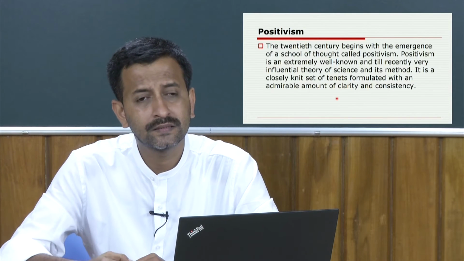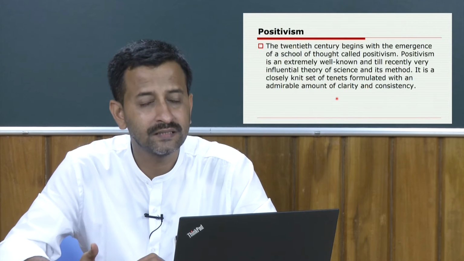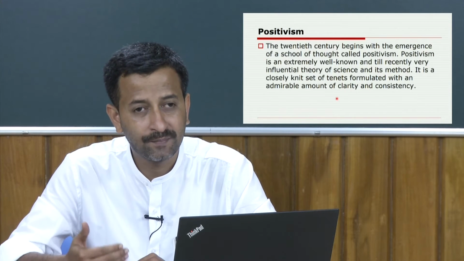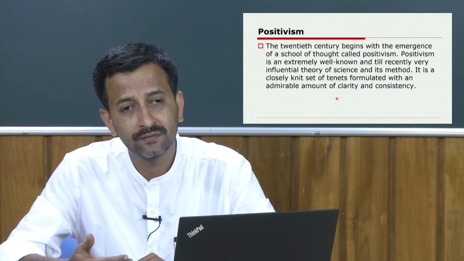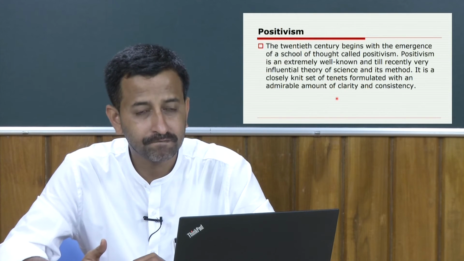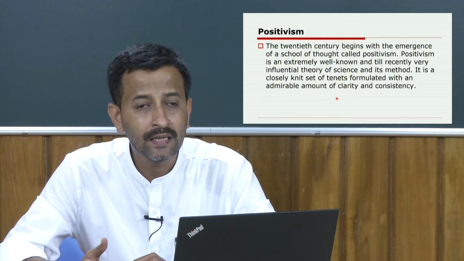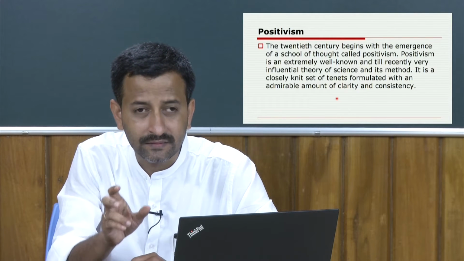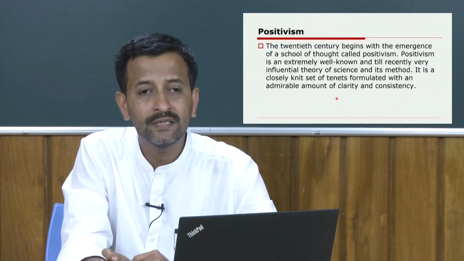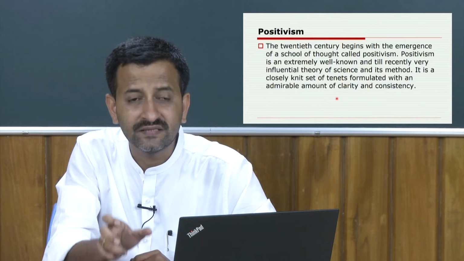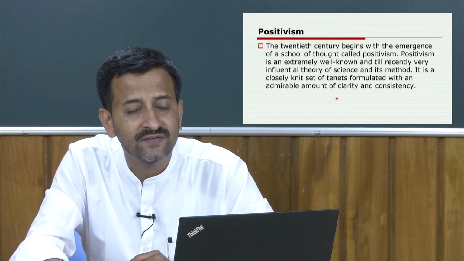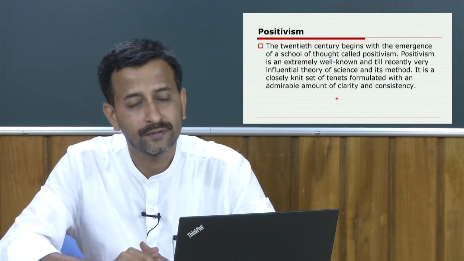But this control over nature, and prior to control over nature, we discussed the faculty of contemplation. This transition from the faculty of contemplation to the faculty of control, in the context of the transition from the metaphysical stage to the positivistic or scientific stage, must be understood.